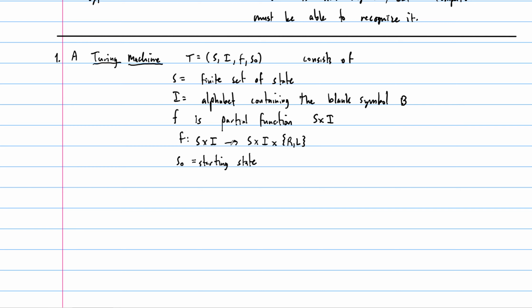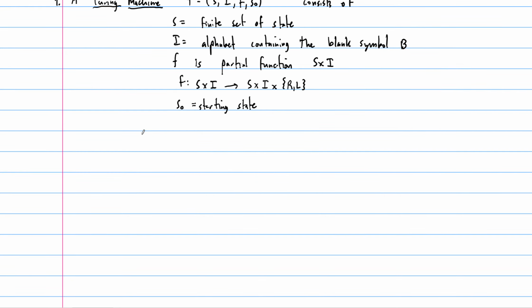Now let's make a couple of notes before we look at our first example. Like I said, first of all, f being a partial function means that the domain of f is some subset of S cross I. Let me just write it this way. It's possible that some combinations of state and symbol do not have an output.